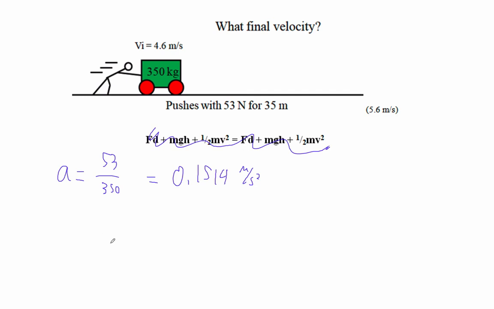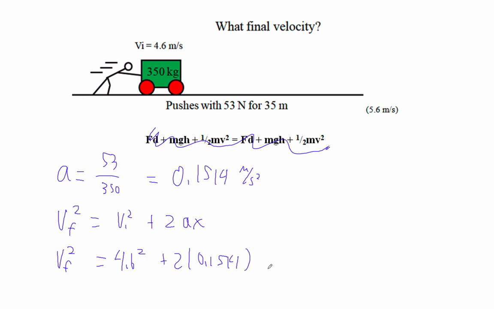And now I could get the final velocity using this. Vf squared is vi squared plus 2ax. Okay, so v final squared is equal to 4.6 squared plus 2 times 0.1514, okay, times, and then our x is 35 meters, right?